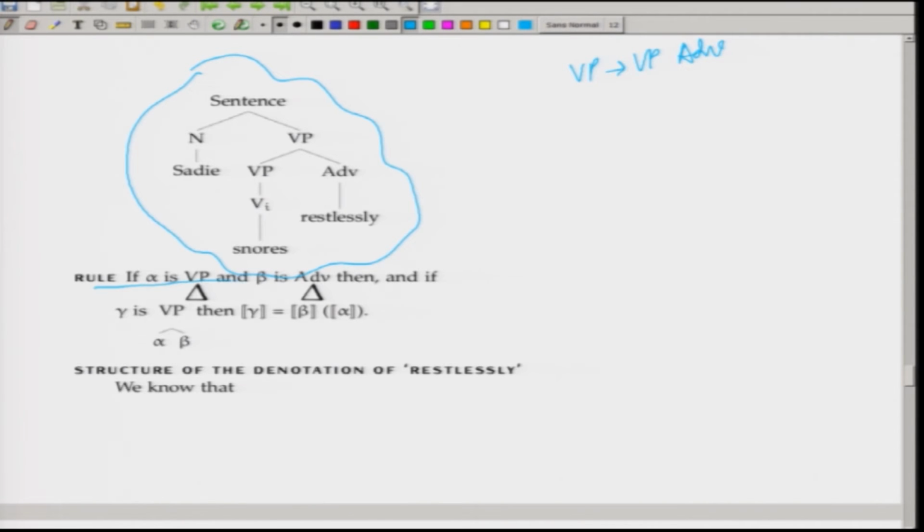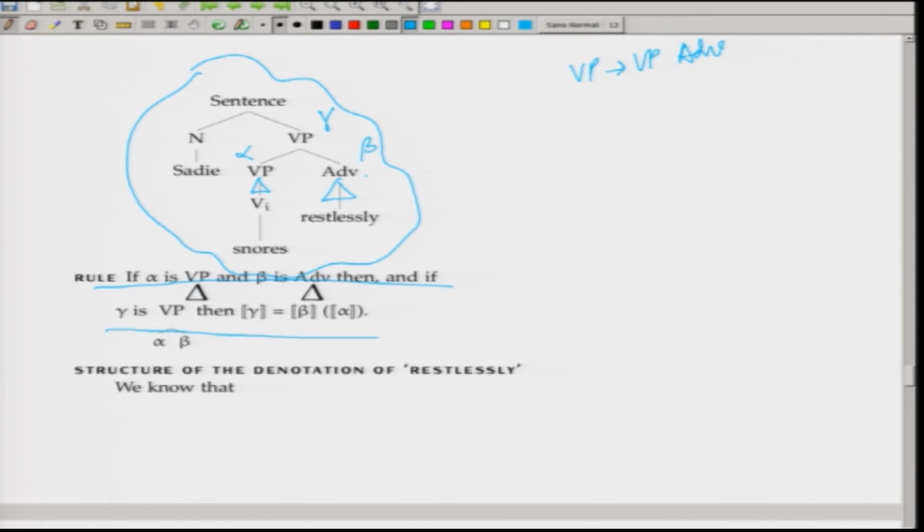That is, if alpha is VP goes to something, and if beta is ADV goes to something, and if gamma is VP goes to alpha beta, then gamma is this, alpha is this, and beta is this.